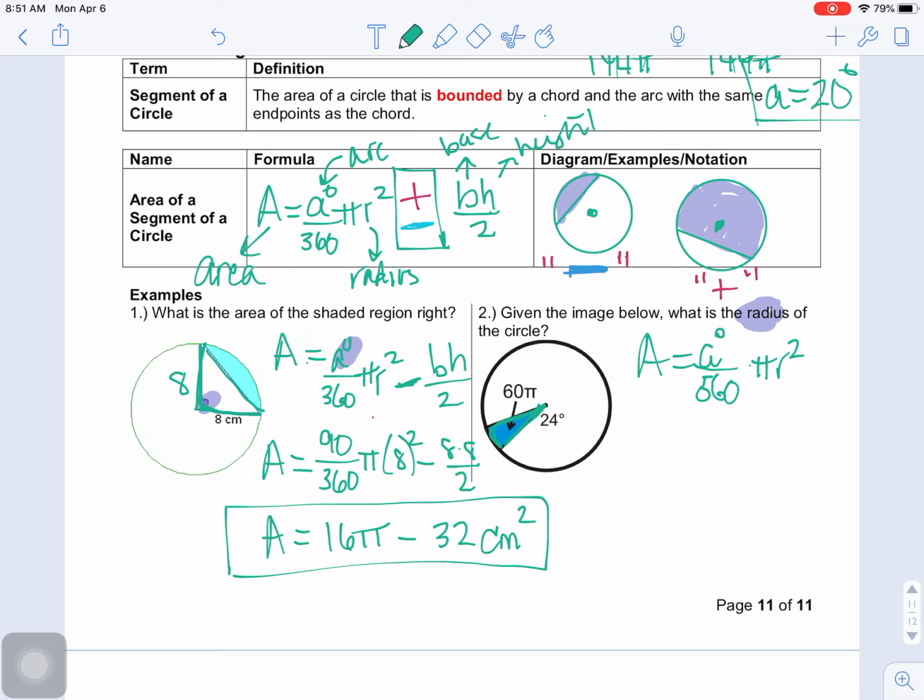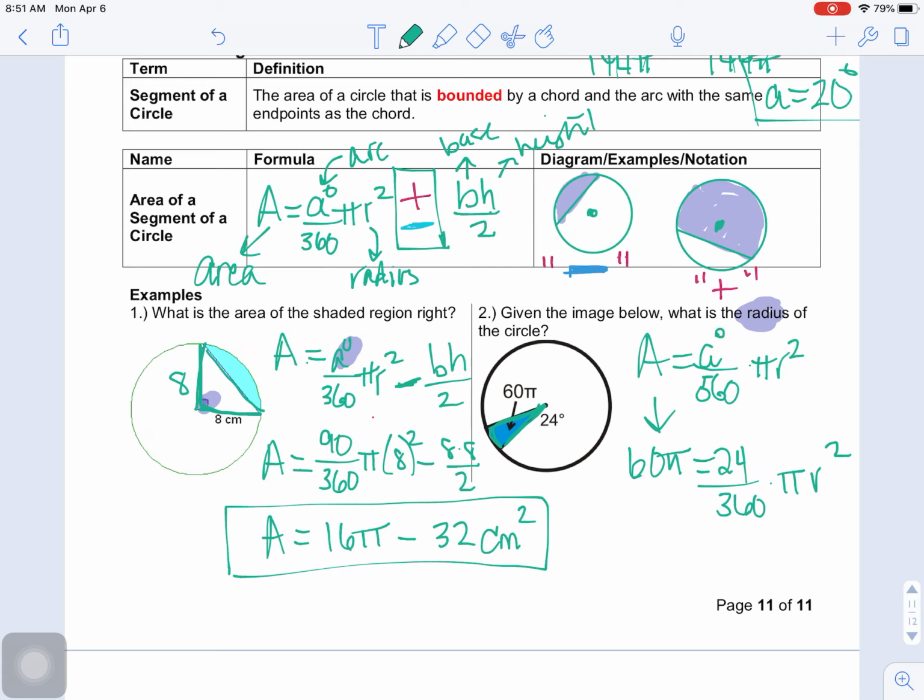So area of a sector, I just need to know that. I was told that the area is 60 pi. The angle is 24, therefore my arc is also 24. And I'm going to be solving for my radius squared.